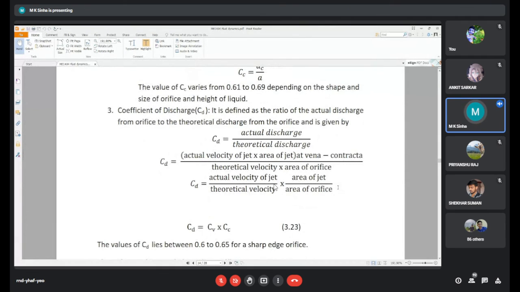Then last, the coefficient of discharge is the actual discharge from the orifice to the theoretical discharge from the orifice.